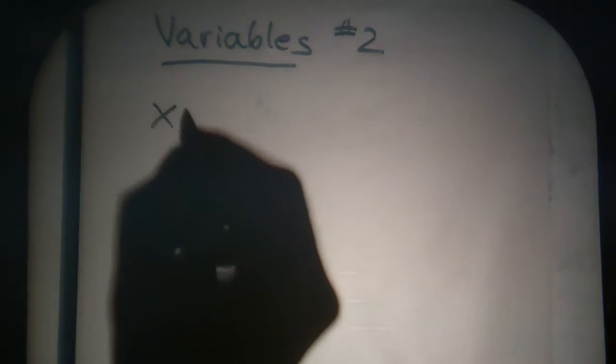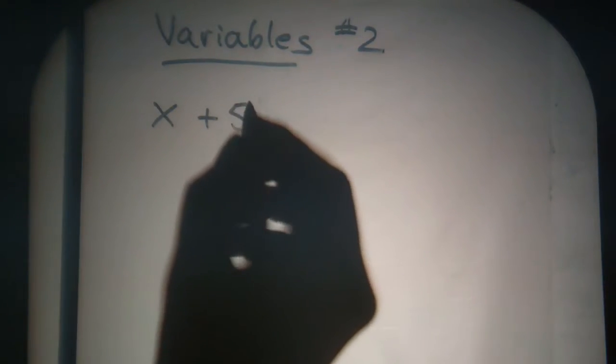Okay, with the variables, this is variables number 2, sometimes you're given what the variable represents right off the bat. For instance, if you have a problem, it says find the value of x plus 5.